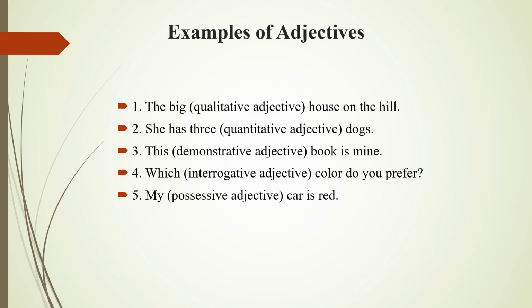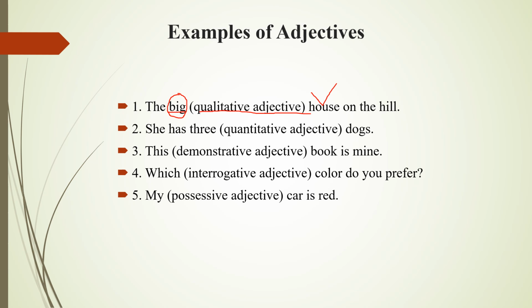Now you see, big is the example of a qualitative adjective, because it is denoting the quality of the house, what kind of house it is. It is not small, nor of average size, it is a big house. The house which is on the hill is a big one.